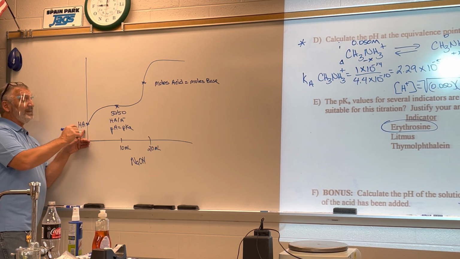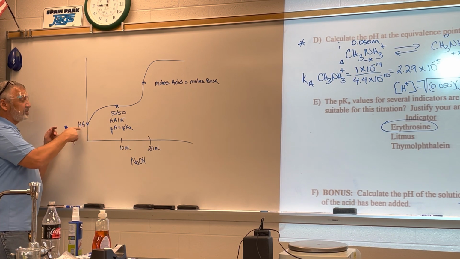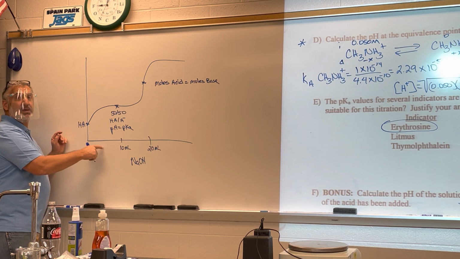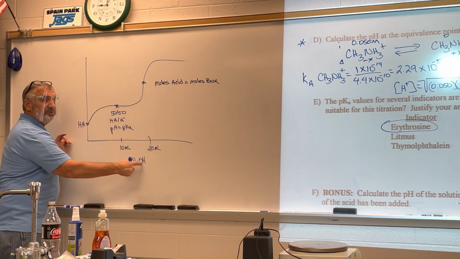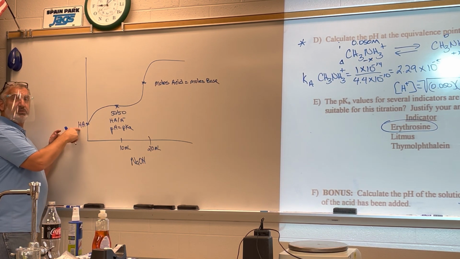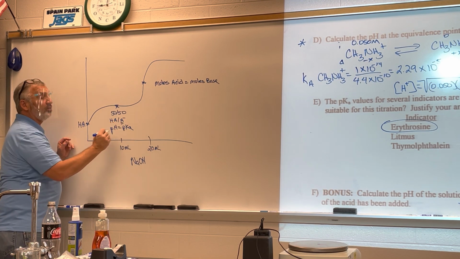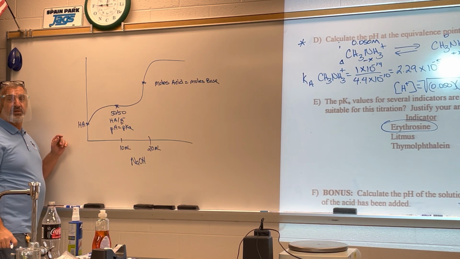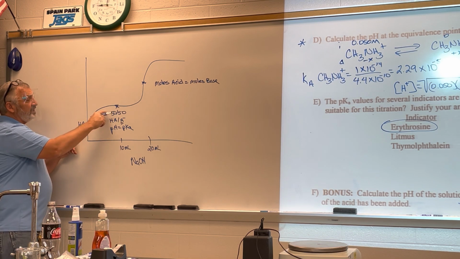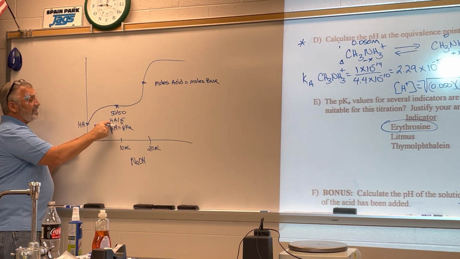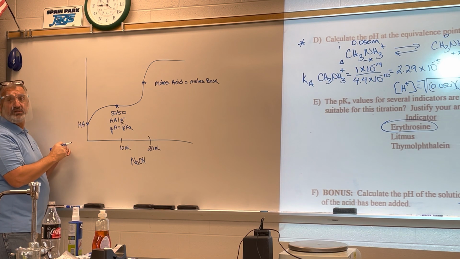Now you start adding the base, which starts pulling hydrogens off, making water. As soon as you put the OH in, it's consumed by the H pluses, making water, but we're producing more and more A minus. But all the way from here to here, we still have more HA than A minus.